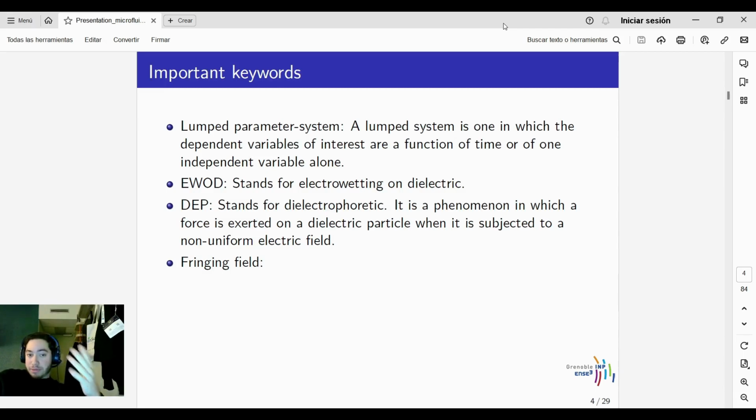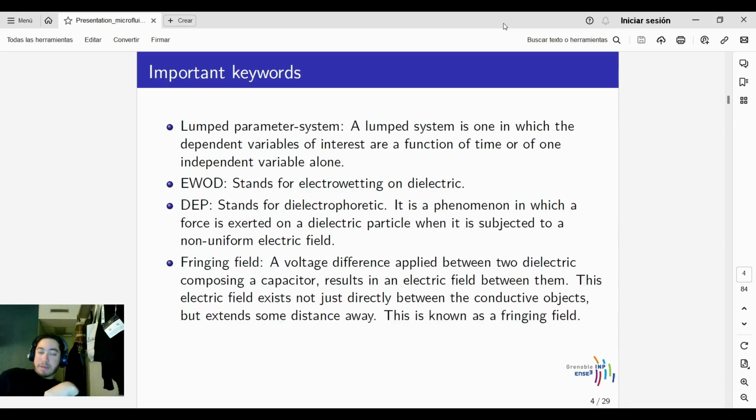The next term is the fringing field. To explain what the fringing field is, we have to understand that when a voltage difference is induced between two dielectrics, an electric field is generated. This is what happens in the case of a capacitor.